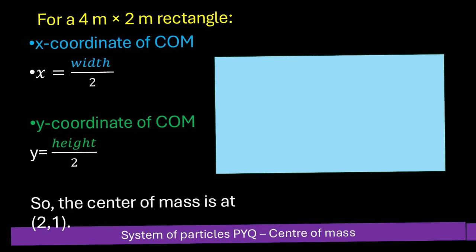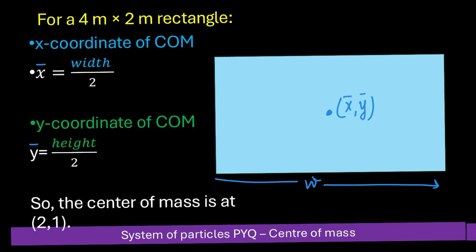Now, for a 4 by 2 rectangle, the x coordinate of this rectangle would be width by 2. If I assume this much to be the width, then the center of mass coordinate over here will have both x and y. Let us call that x bar and y bar.